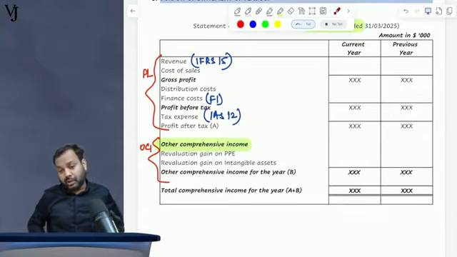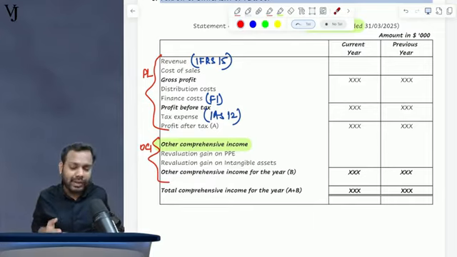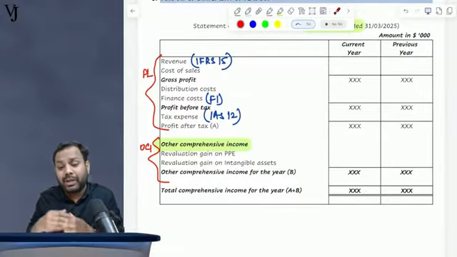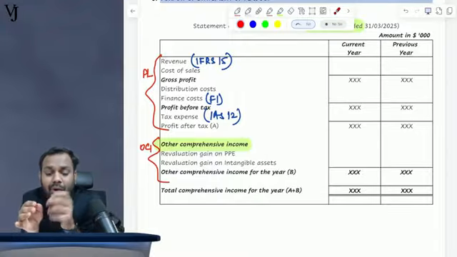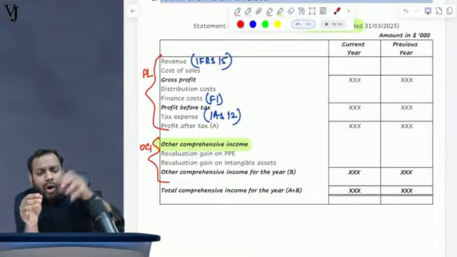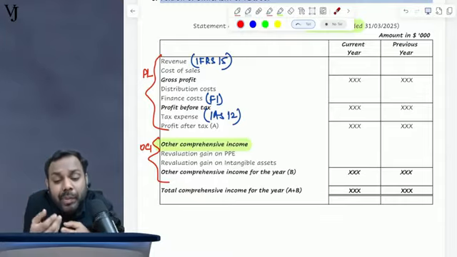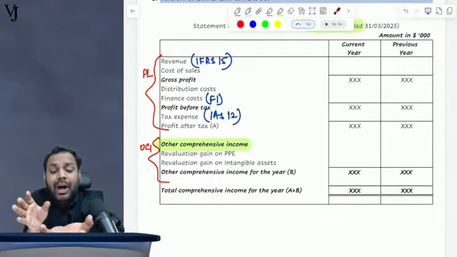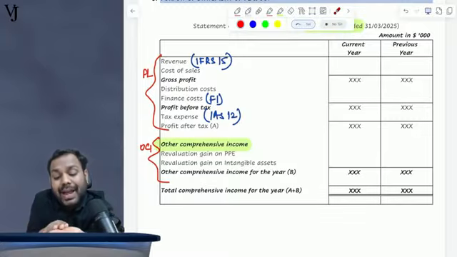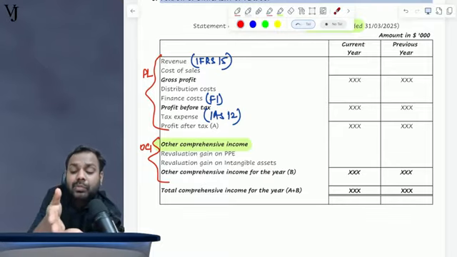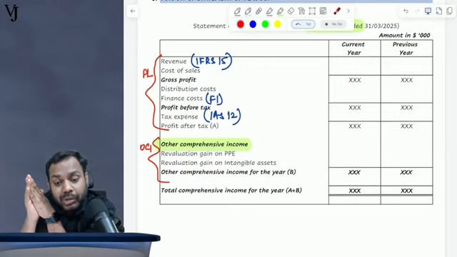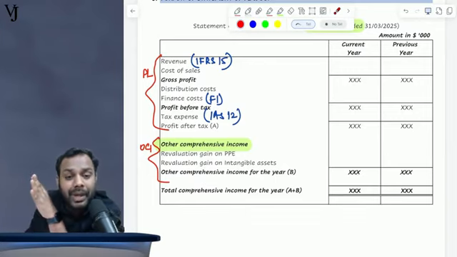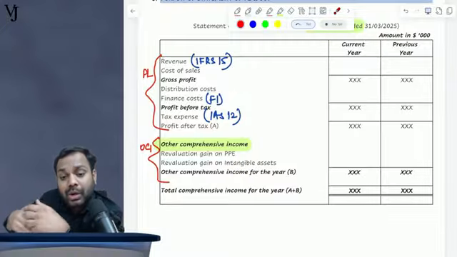But again, there arises a challenge for the standard setters: what items shall we place in other comprehensive income? If the standard setting body left it to the judgment of the accountant to decide whether to take an income or expense to P&L or to other comprehensive income, don't you think the accountant would have used them according to their requirement?